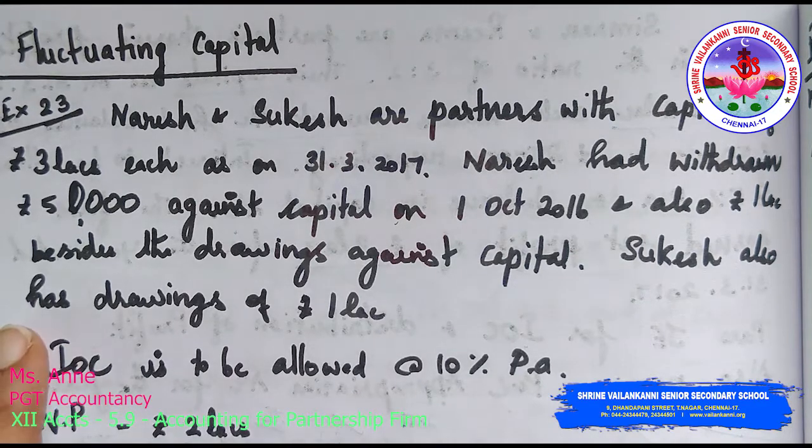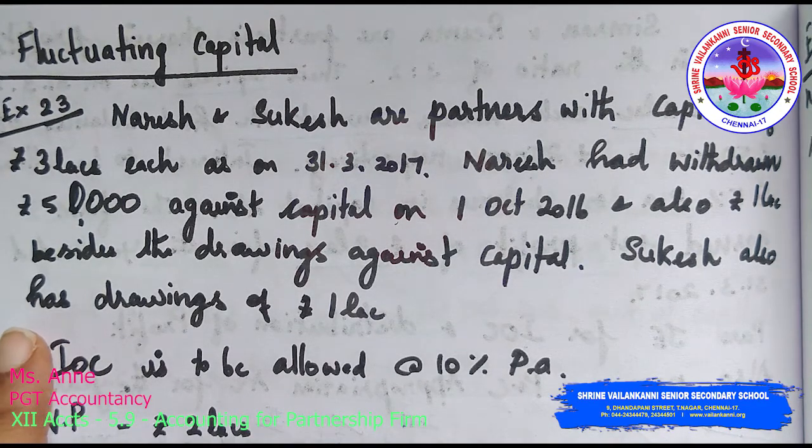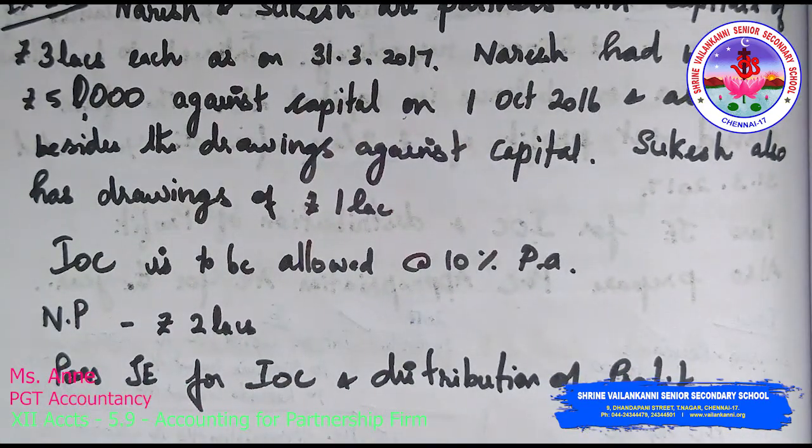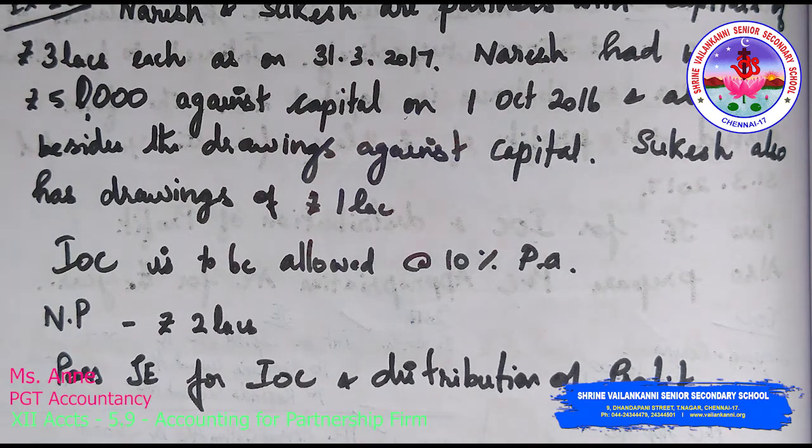Sukesh also has drawings of rupees 1 lakh. Interest on capital is to be allowed at 10% per annum. Net profit is rupees 2 lakhs.